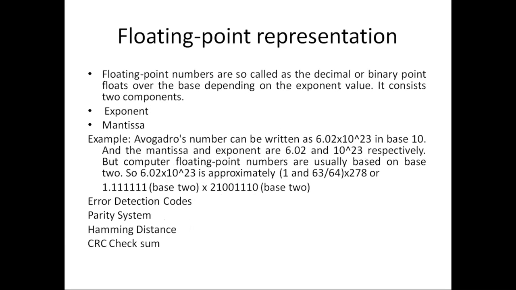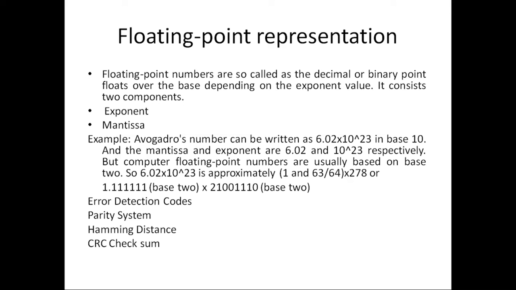Then we are going for the floating point representation. Floating point numbers are so called because the decimal or binary point floats over the base depending on the exponent value. It consists of two components: one is the exponent, the second one is the multiplier. For example, Avogadro's number 6.02 into 10 to the power 23, in base 10. Why base 10?